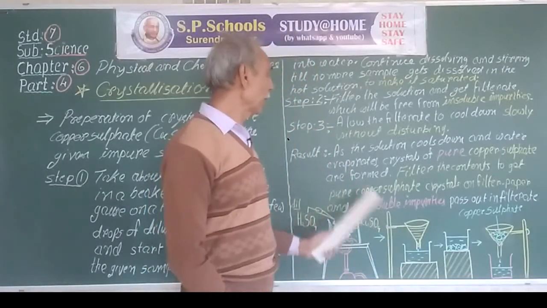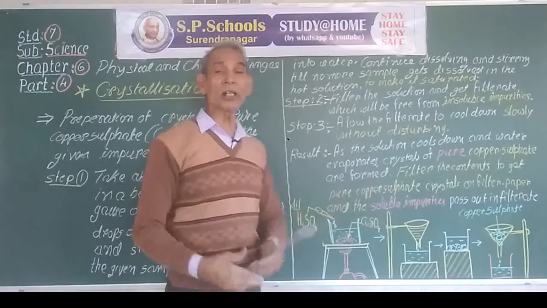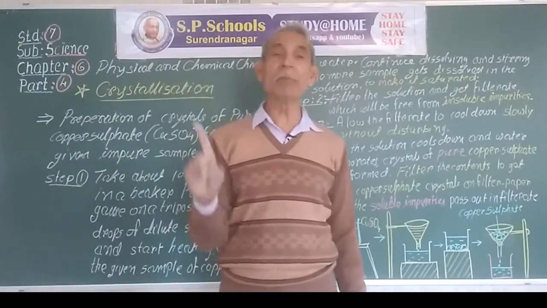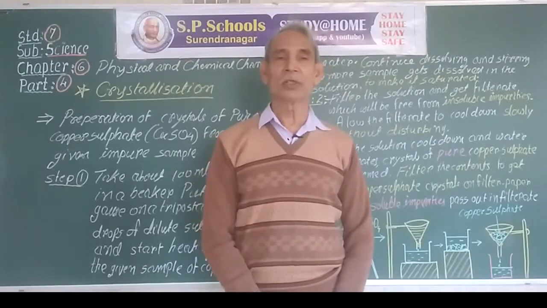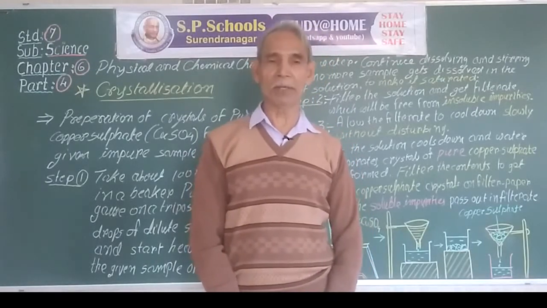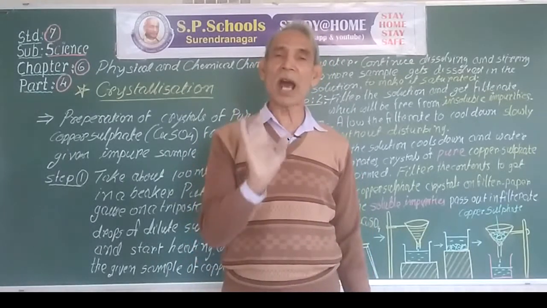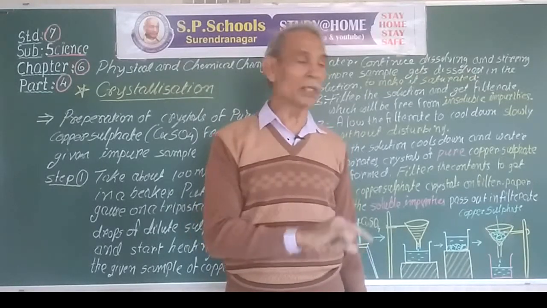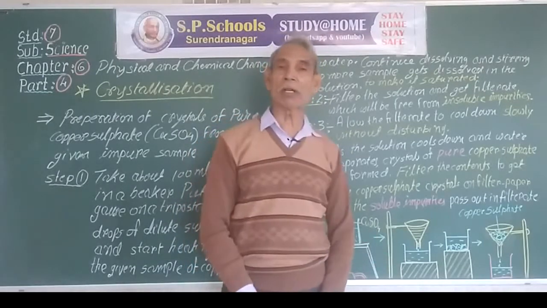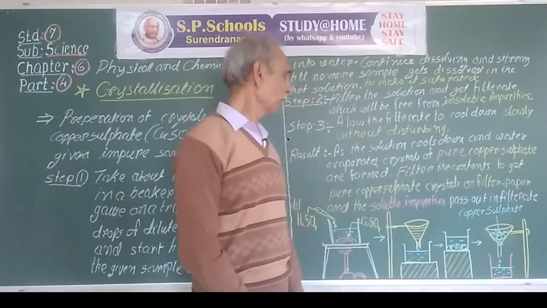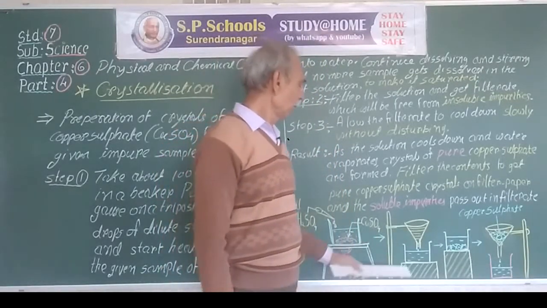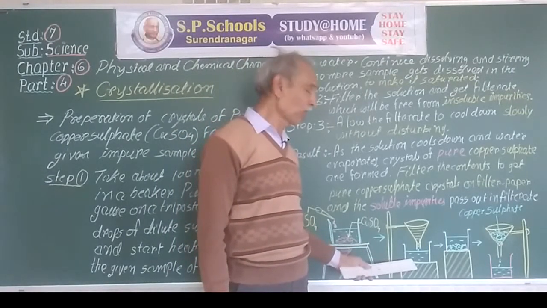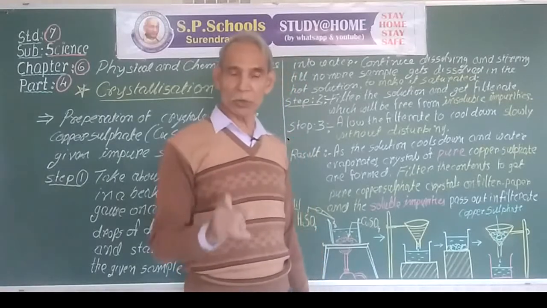Now this method of getting crystals of copper sulfate, the crystals contain no impurity which is soluble along with copper sulfate. Crystals are formed only from pure substance in the saturated solution. We call it mother liquor. So here the solution which is the filtrate is a saturated solution.